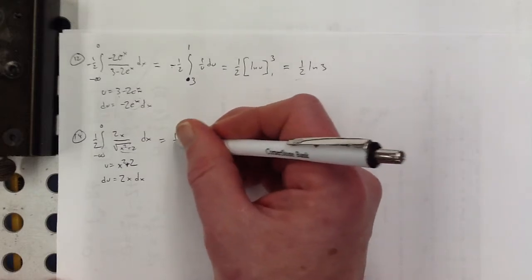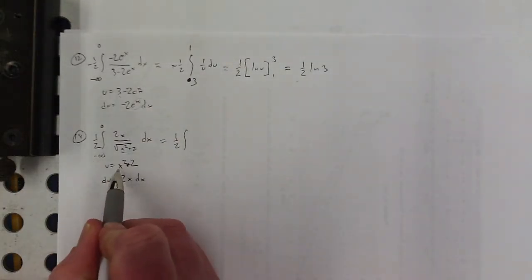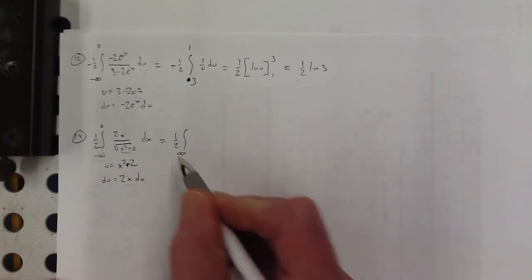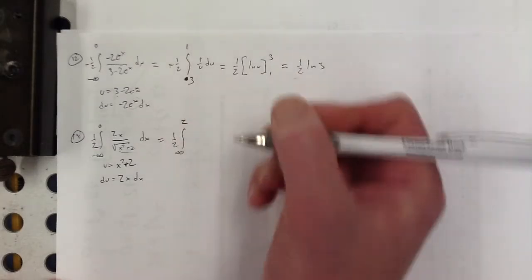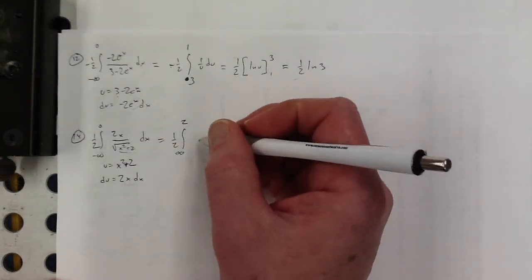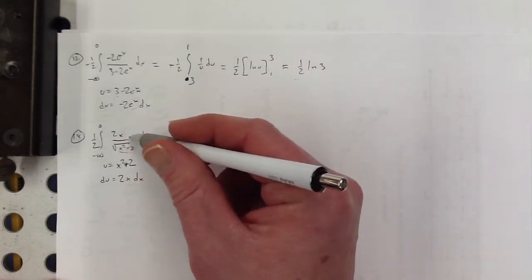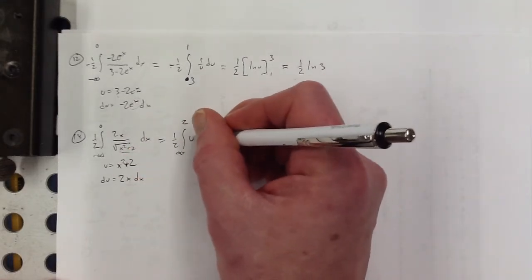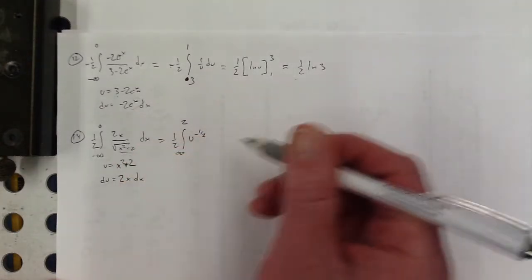So the rewrite looks like, negative infinity squared is positive infinity plus 2 is positive infinity. 0 plus 2 is 2. And then on the inside, this all turns into u to the negative 1/2, right? 1 over the square root of u.